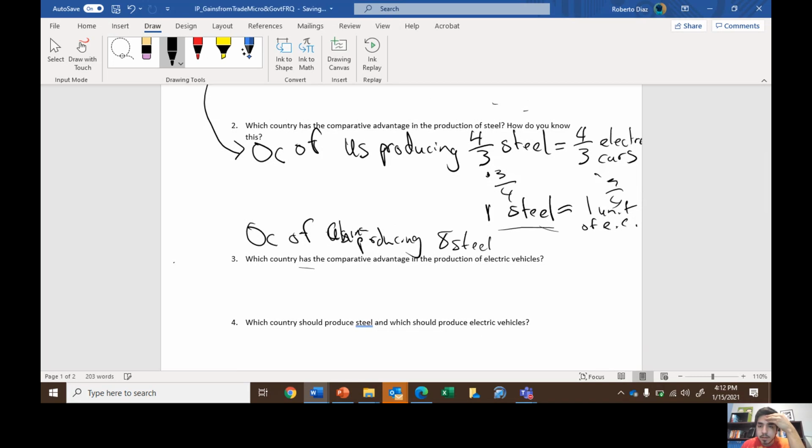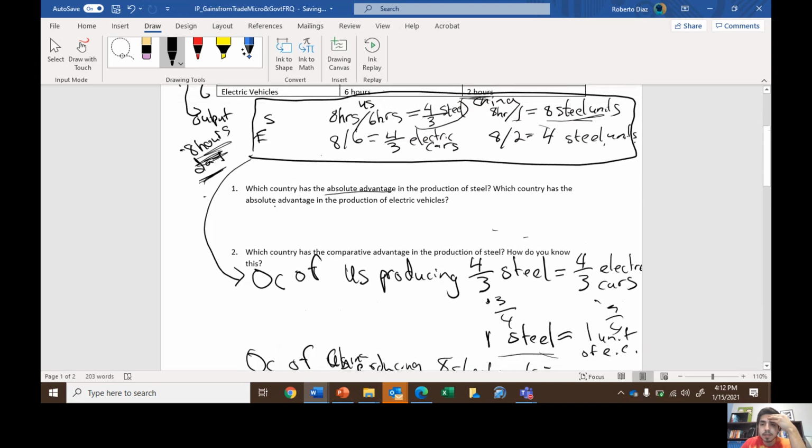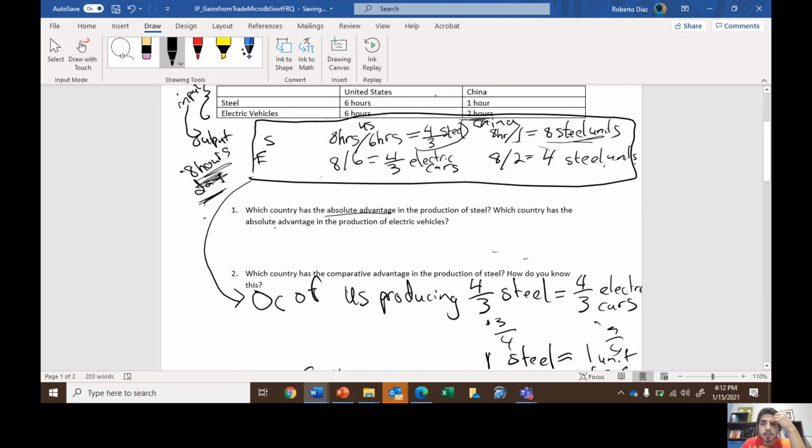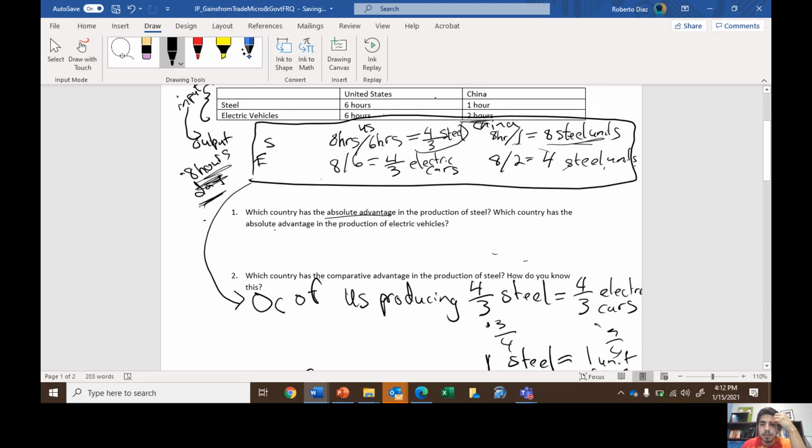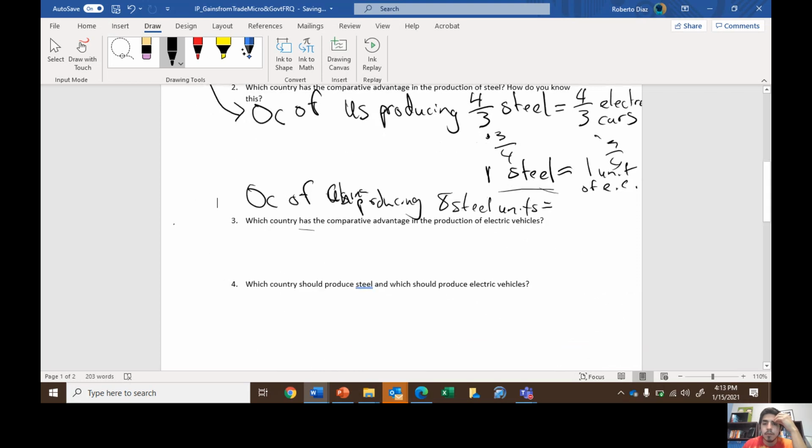Eight steel units. So what does China give up by producing 8 steel units? They give up 4. This shouldn't be steel units, this should be electric cars. They give up 4 electric cars.